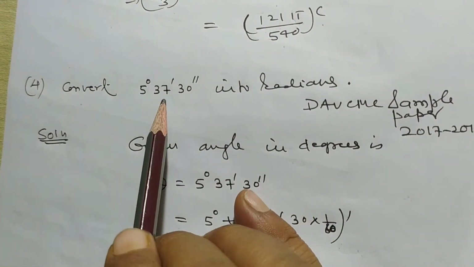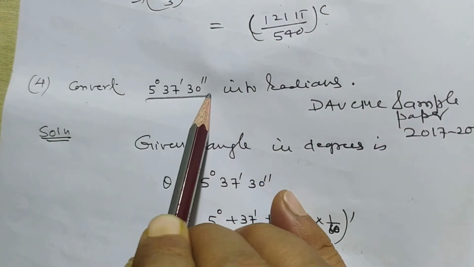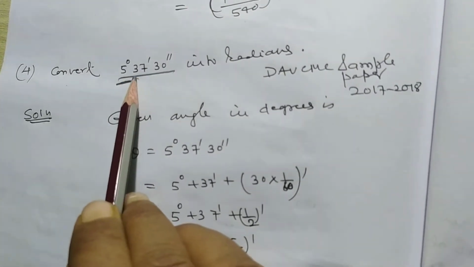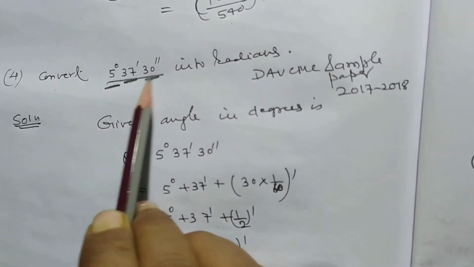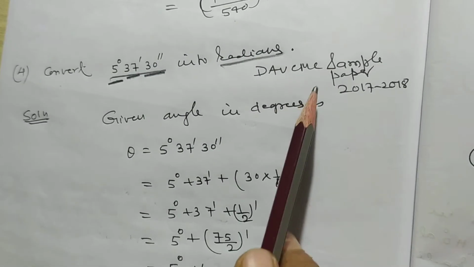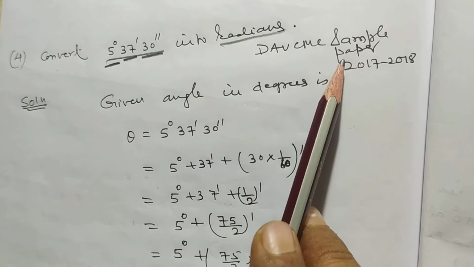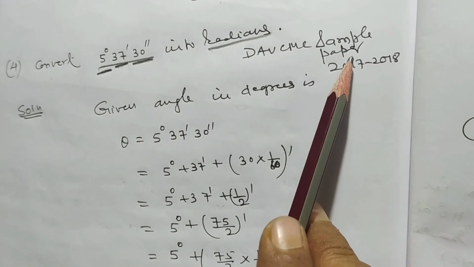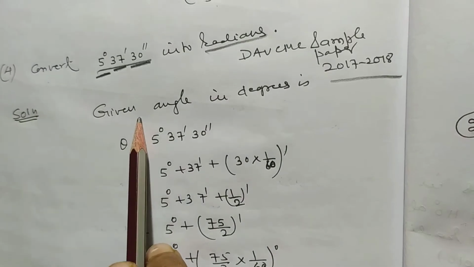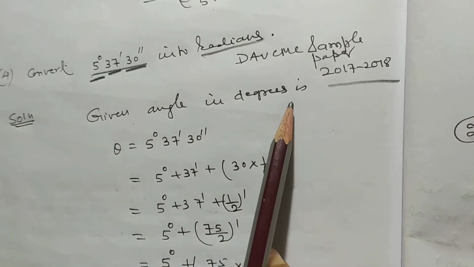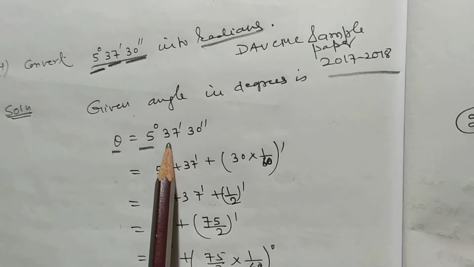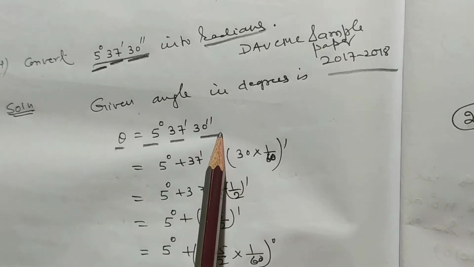So now my dear students, I want to solve a problem: convert 5 degree 37 minute and 30 second into radians, and this is a problem from DAV sample paper 2017-18. Given angle in degree, that is theta, is 5 degree 37 minute 30 second.